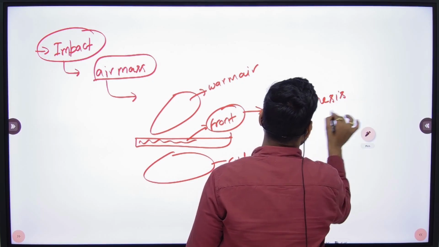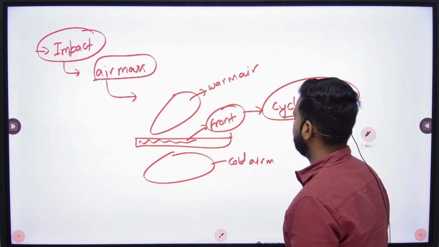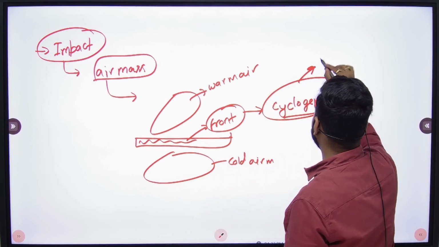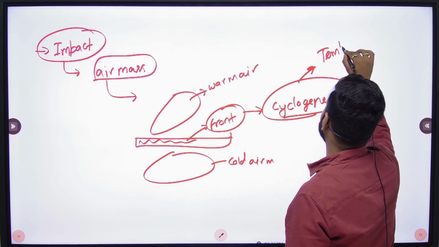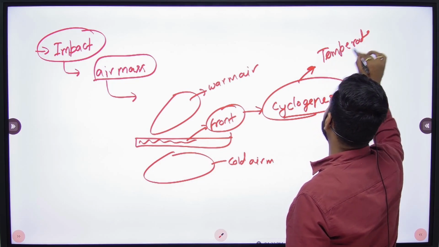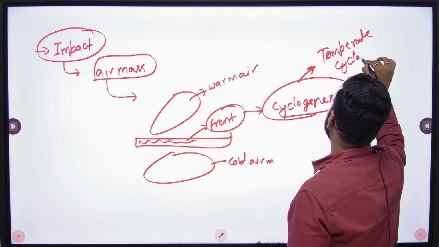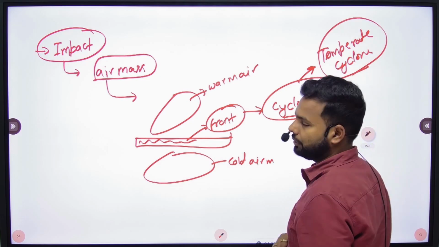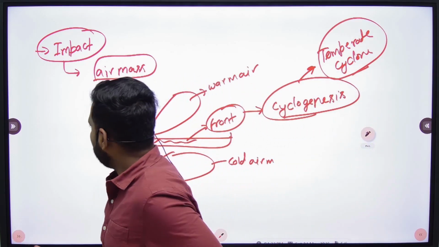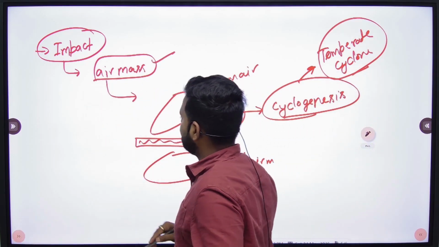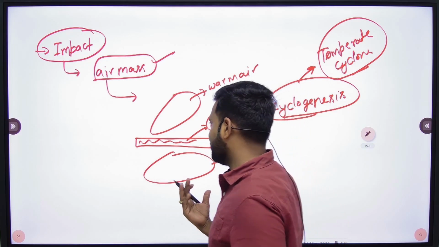Here the process of cyclogenesis will further form a temperate cyclone. So the temperate cyclone is formed on the basis of air masses when two opposite characters of air masses meet.